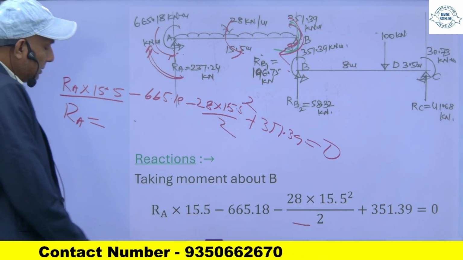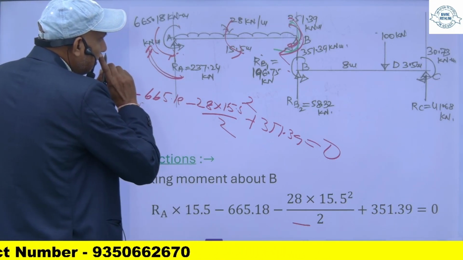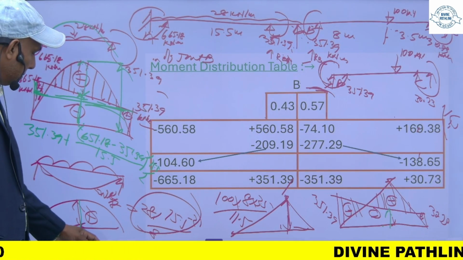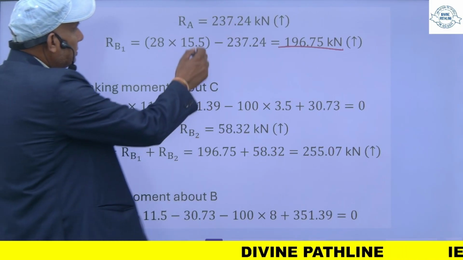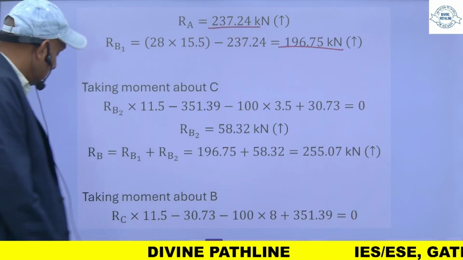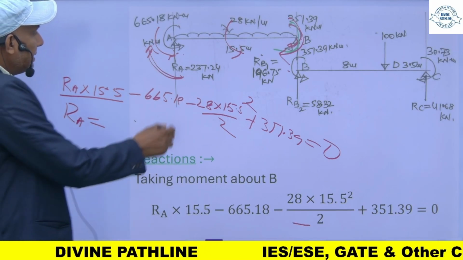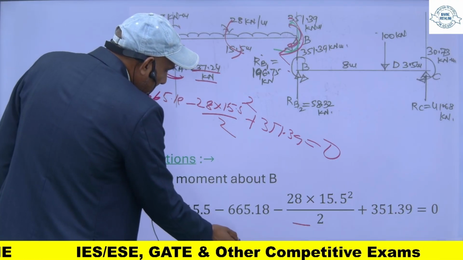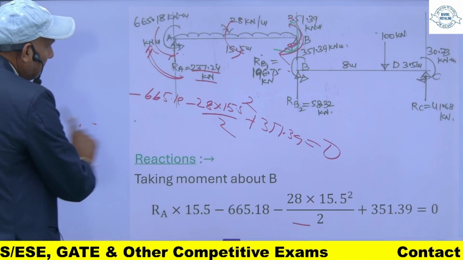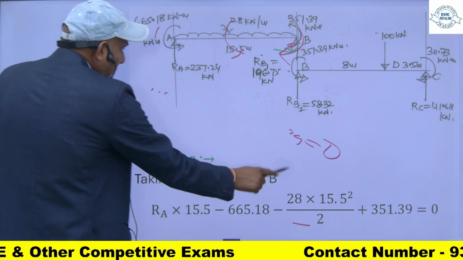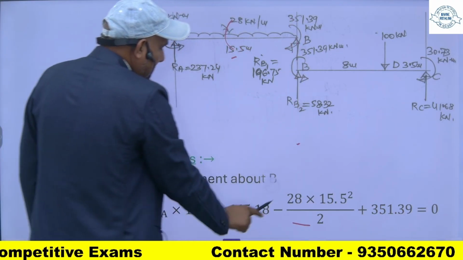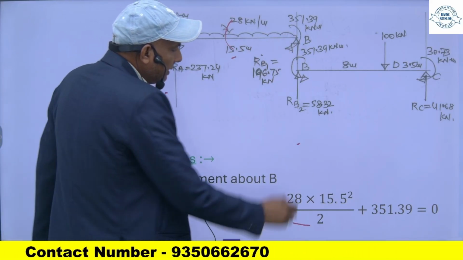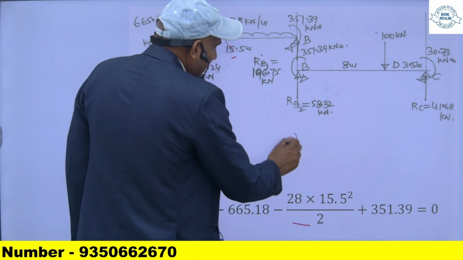So this is one. So RA is equal to 237.24. So this is 237.24 kilonewton. For finding these reactions, if I want to find the reaction at point B, this reaction RB is divided into two parts.